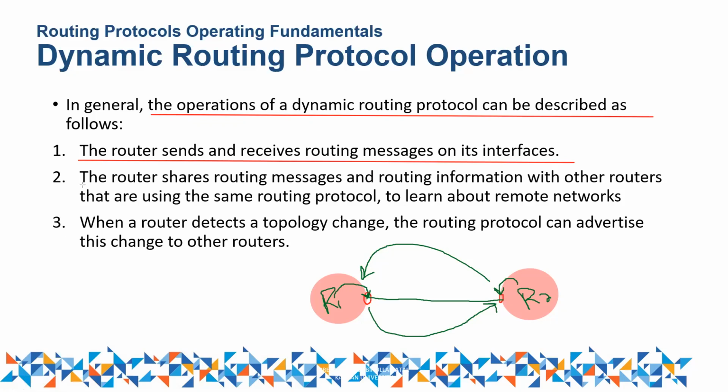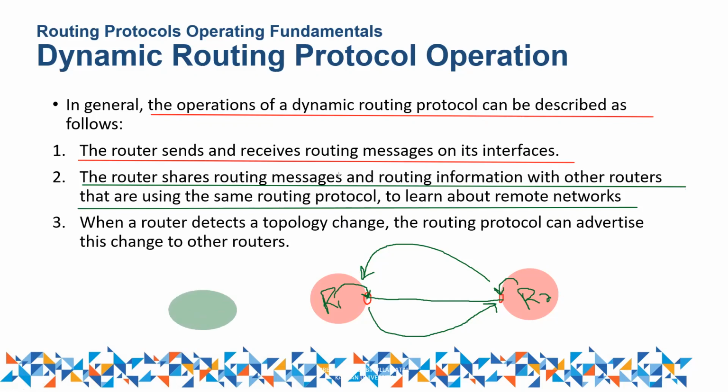Second, the router shares routing messages and routing information with other routers that are using the same routing protocol to learn about remote networks. For example, let's suppose I have another router, R3, connected with R1. R1 knows about R3 and which network R3 is connected to.